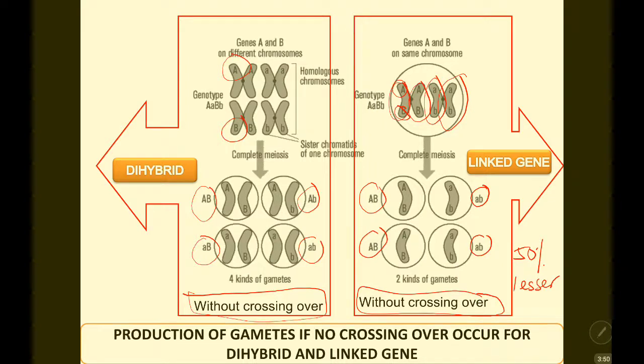For a dihybrid cross you have 4 different possibilities of gametes, but for linked genes without crossing over, you only get 2. Therefore, linked genes cannot give the same result as a dihybrid cross, although both contain 2 genes, gene A and gene B.